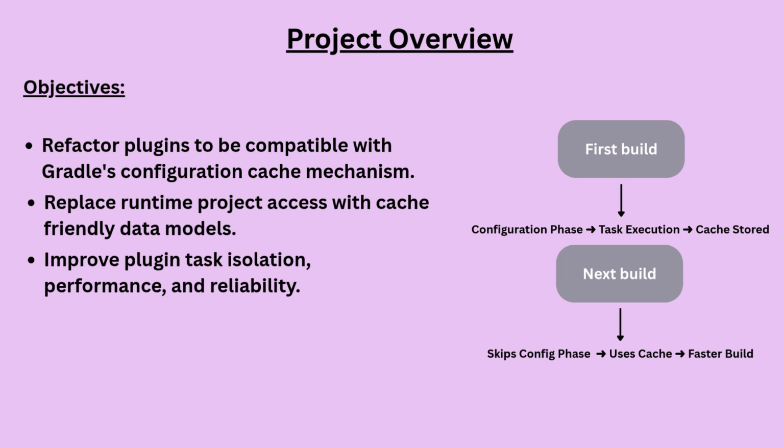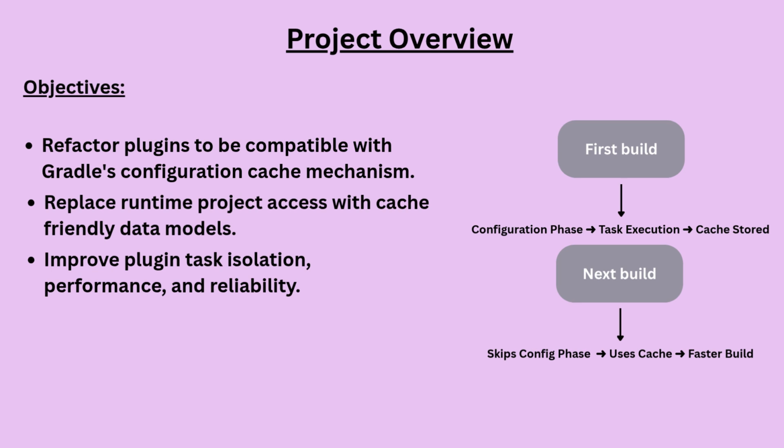So yes, my Google Summer of Code project focuses on adding configuration cache support. With configuration cache, the goal is to store the result of the configuration phase after the first build. Then on the next build, Gradle can skip configuration entirely and reuse the cache, leading to significantly faster builds.